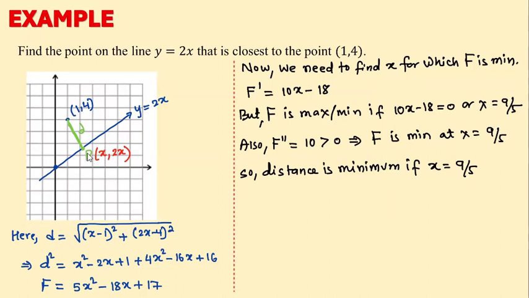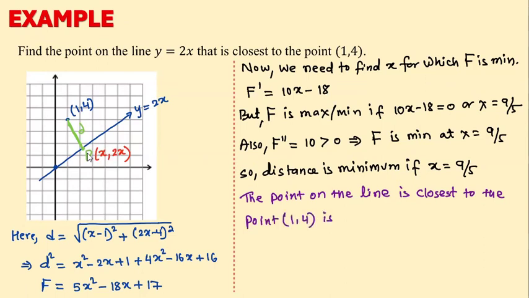So the final answer would be, we can write this. The point on the line that is closest to the point (1, 4), you know what is that point?